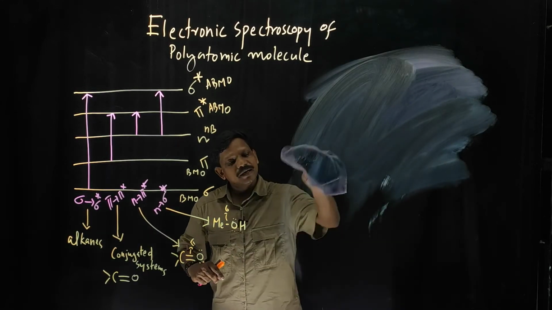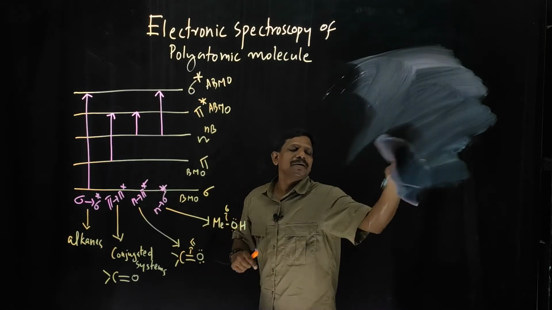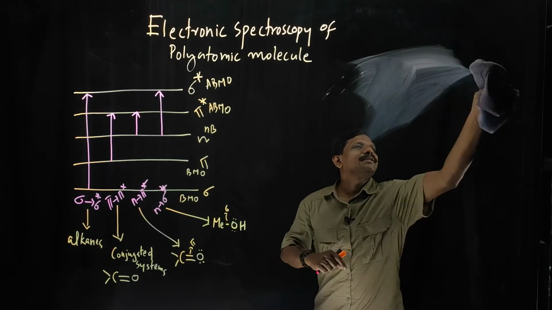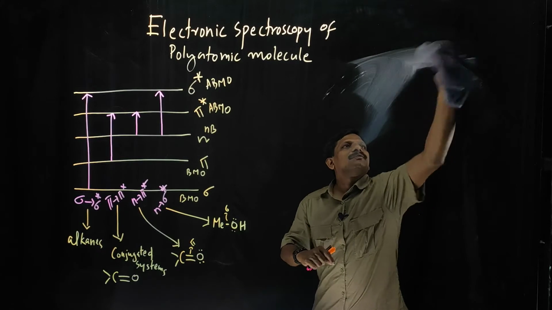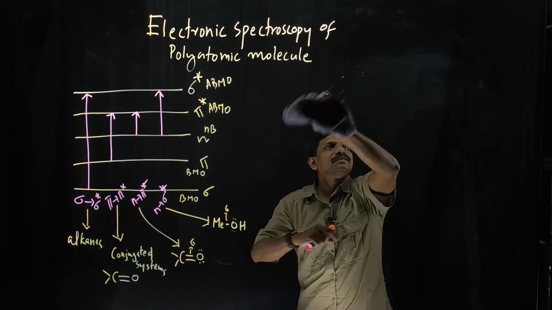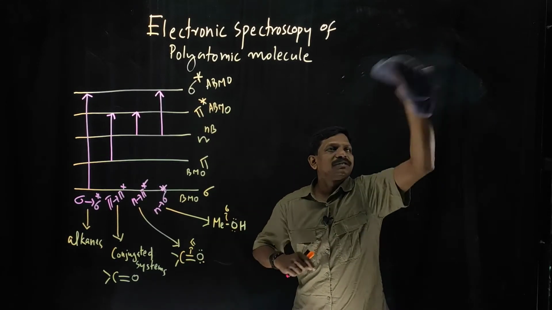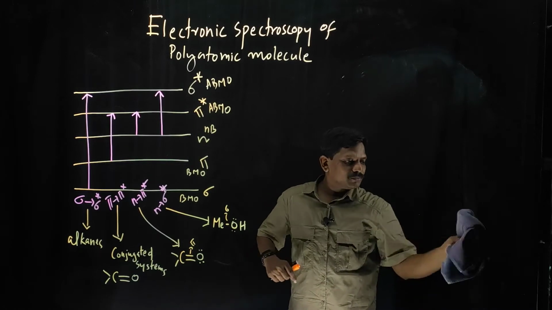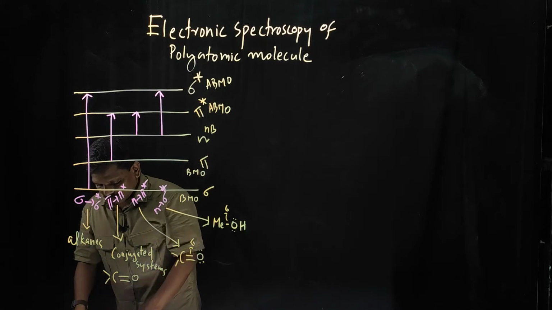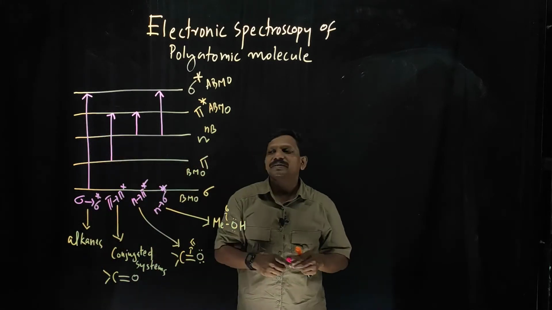And I told you that in electronic spectroscopy, UV visible spectroscopy is highly applicable to unsaturated systems, mainly conjugated systems, aromatic conjugated systems. There the pi to pi star transition is very important.